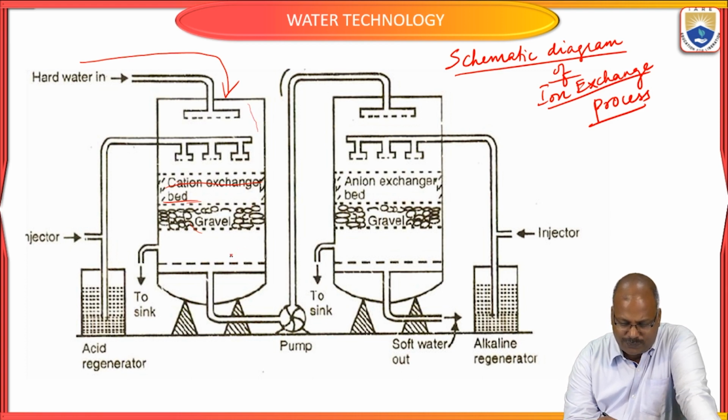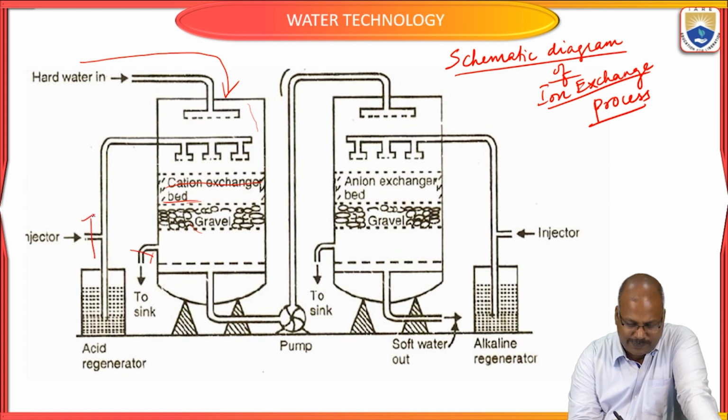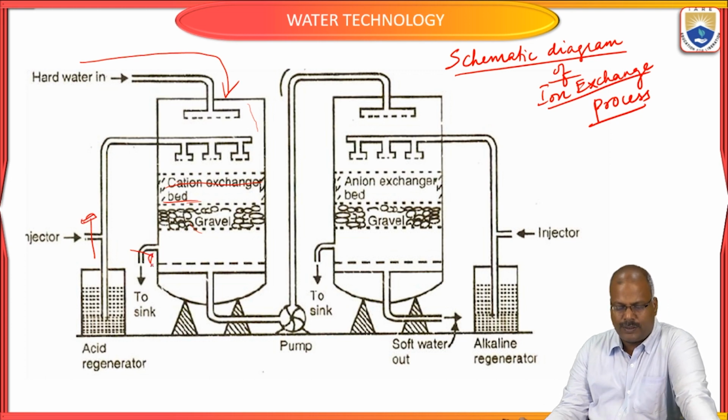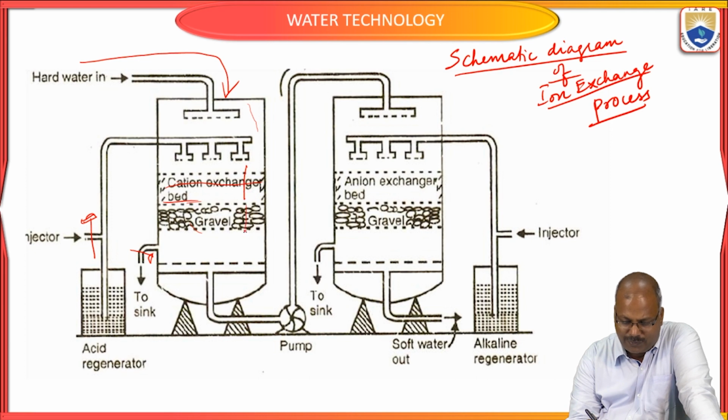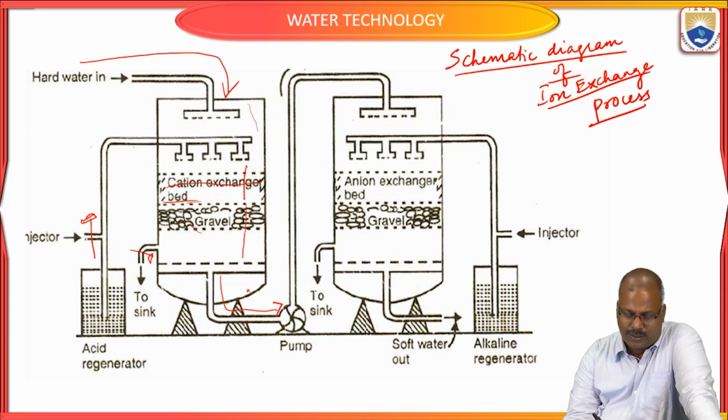Then what happens? Of course, these are all to the sink. This depends; whenever we want, we will use it, not all the time. So through the cation exchanger bed and then gravel, the water comes out. The water coming out will have exchanged its cations and taken H plus ion.